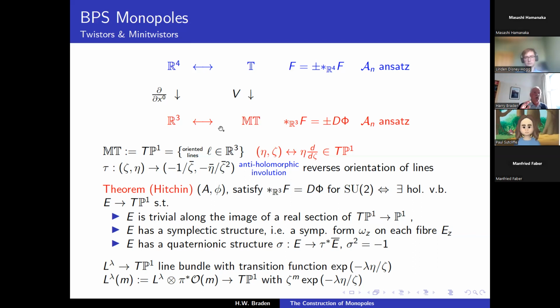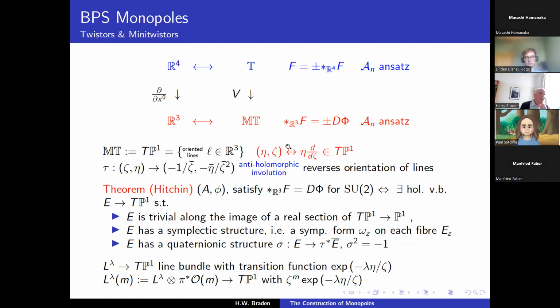Now, let me just tell you, mini-twistor space is the space of oriented lines in 3 space. So a line has a direction, that's our zeta, it's a point on P1, the 2-sphere, and then it's got a tangent direction, eta.